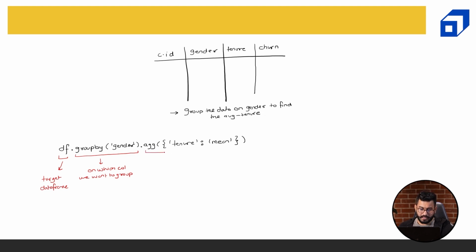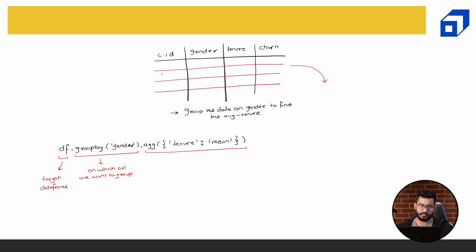Then once we have grouped the data, how you want to aggregate the data. So grouping is done. Let's try to visualize it. Let's say I have 4 rows. I'll quickly create a dummy data just to help you understand the process. So 0, 1, 2, 3, gender is male, male, male, female.